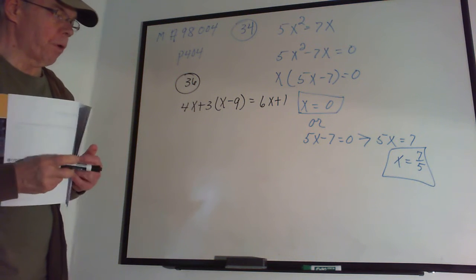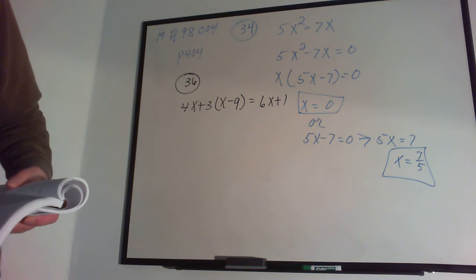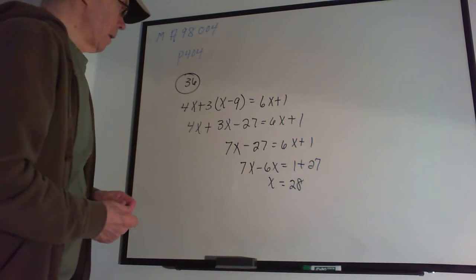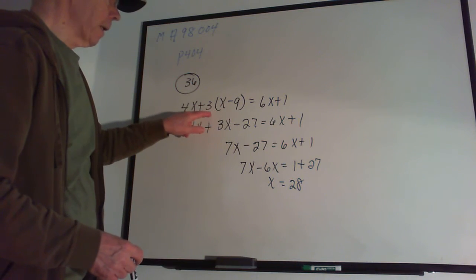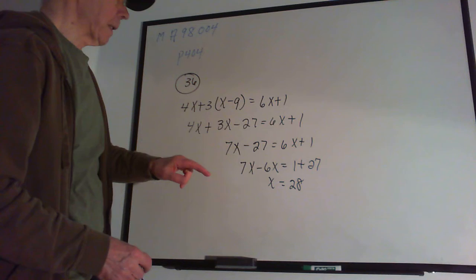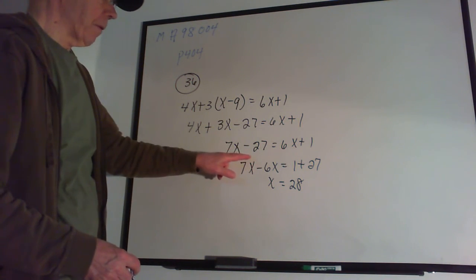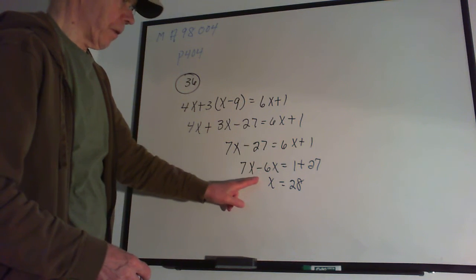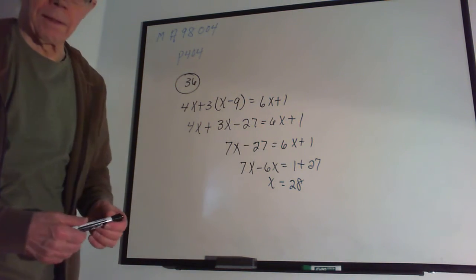So pause the video, go ahead and simplify it, see what you get. All right, so this tells me I have to multiply x minus 9 by 3. I get 3x minus 27. I simplify it, make it 7x minus 27. Bring the 6x to this side to get x equals 28. 27 goes on that side.